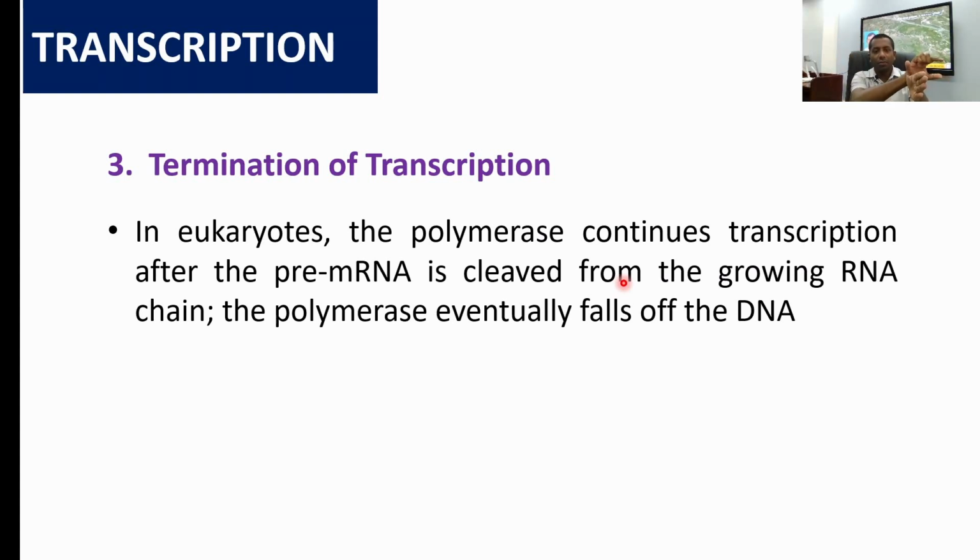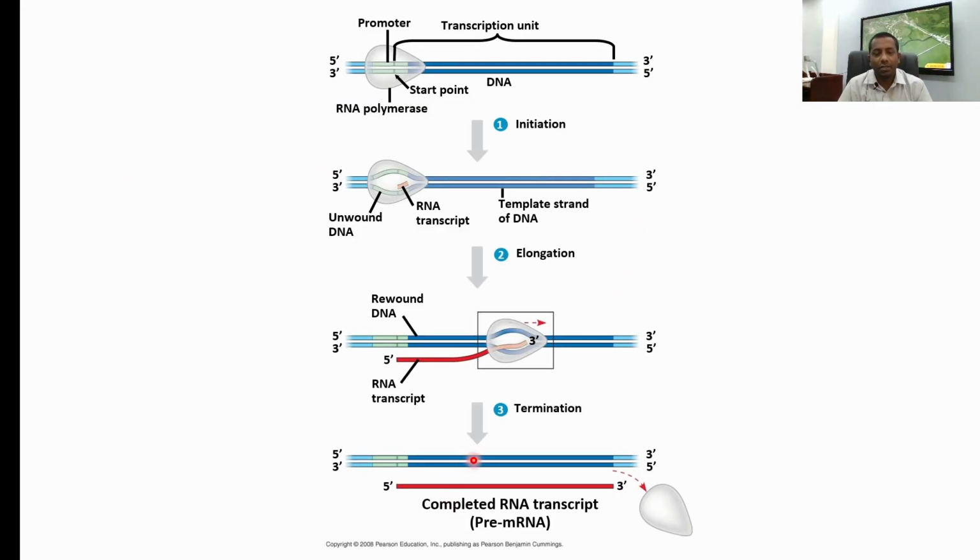The RNA polymerase moves along the DNA molecule, keeps transcribing the mRNA molecule, and at one point it falls off. So you can see here, once the end of the gene is reached, after some time the RNA polymerase is detached. So now we have an mRNA molecule called pre-mRNA.